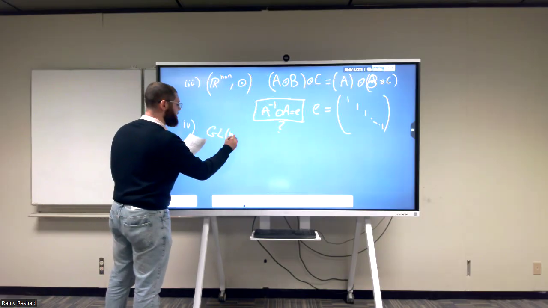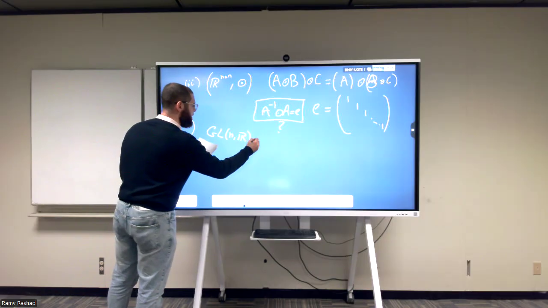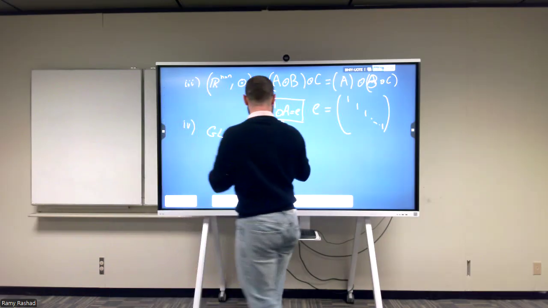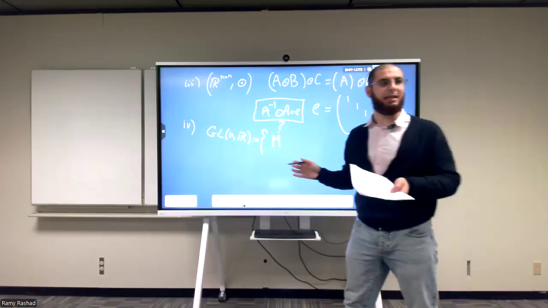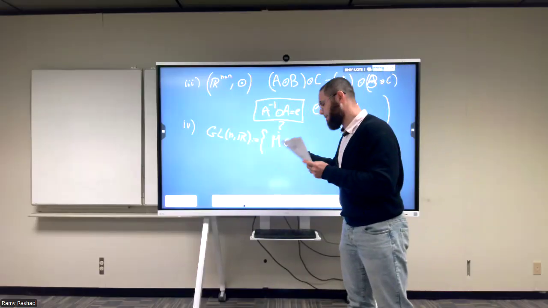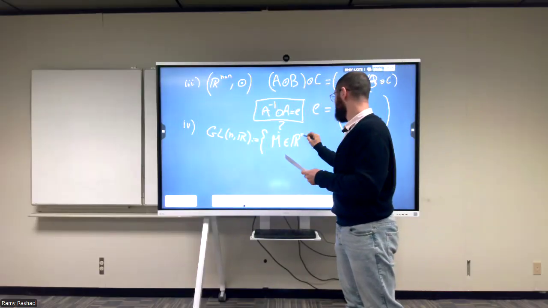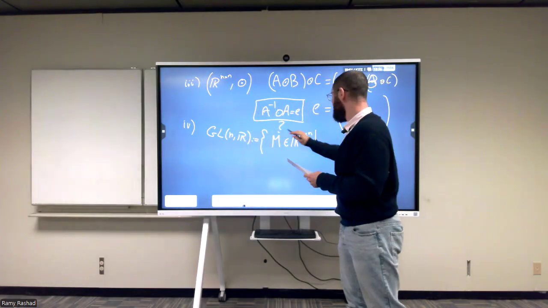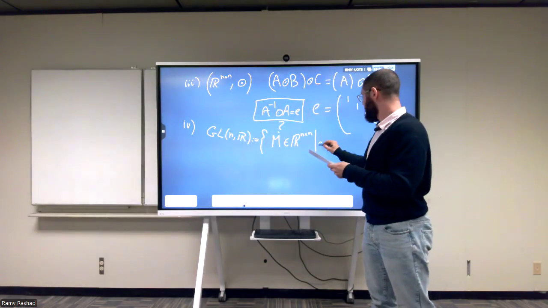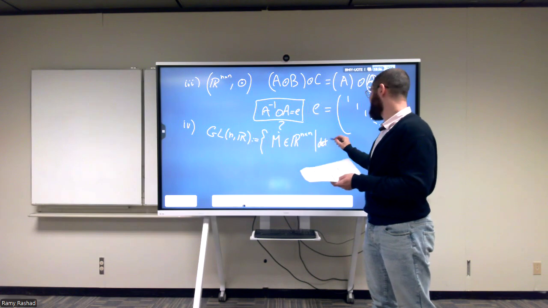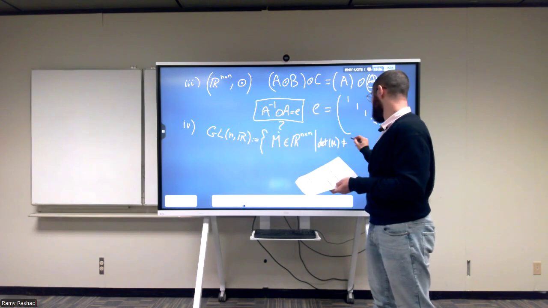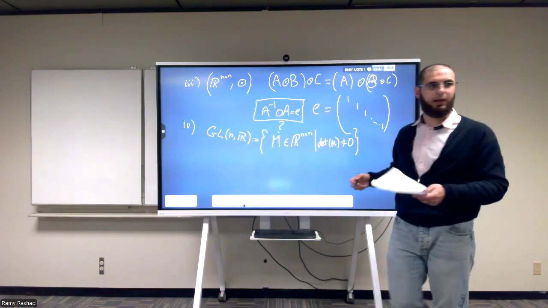So what we can do is define a subset. We're going to be calling it GL_n(R), and this is defined as all of the matrices M, which are elements M in R^(n×n) that satisfy the following. We're going to be introducing some map called the determinant of M. You all know what that looks like or how to calculate it. If not, you can refresh.